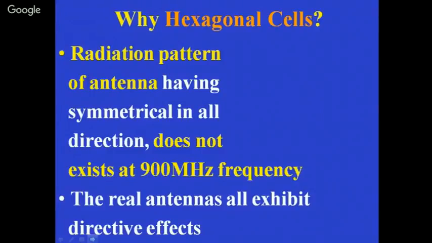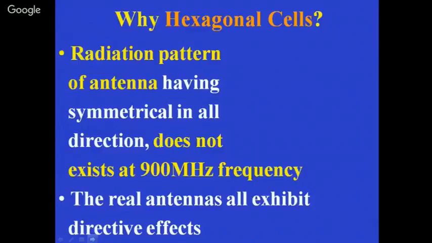All of you engineers, no such antenna is available, nobody has designed such an antenna whose radiation pattern is circular in nature at the 900 megahertz band. They are all directional. Directional means figure of 8. So none of the antennas has a circular radiation pattern at 900 megahertz.